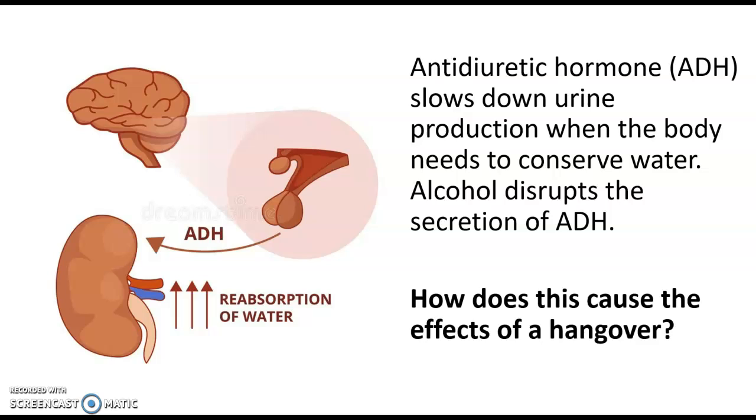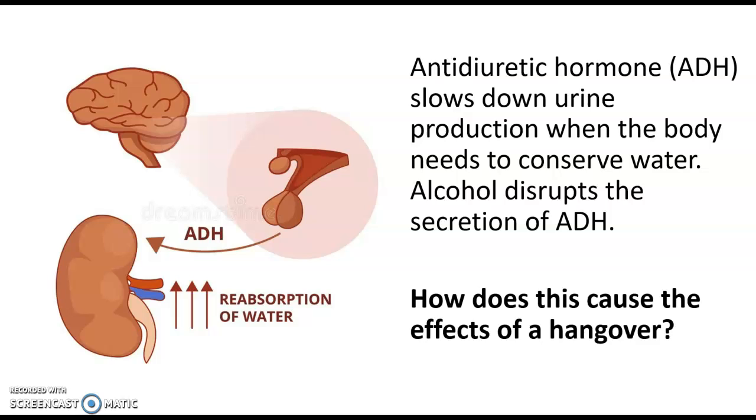But when we drink alcohol, we disrupt that secretion of ADH. It turns off the ability of our hypothalamus to receive that signal of dehydration from the body, which will prevent ADH from being released and will prevent the slowdown in the production of urine. So because we continue to pee, we're still going to be losing all of this water.